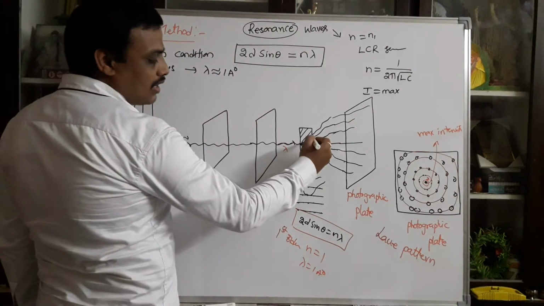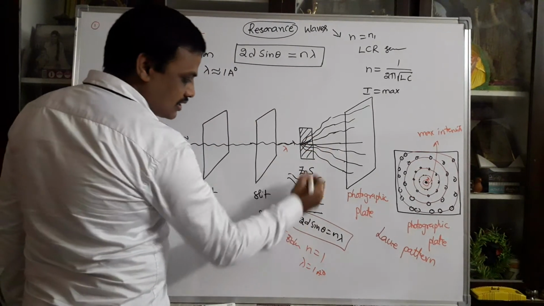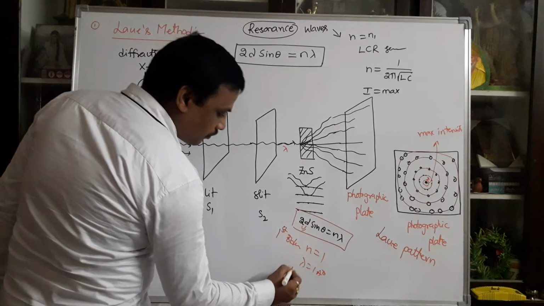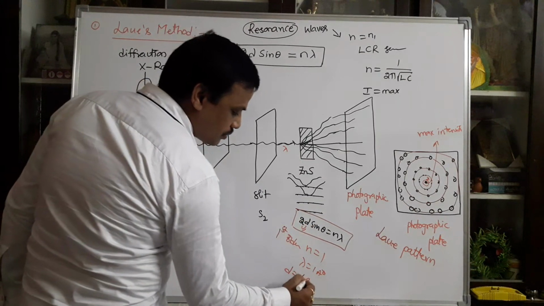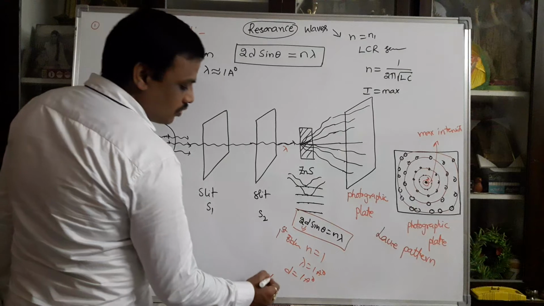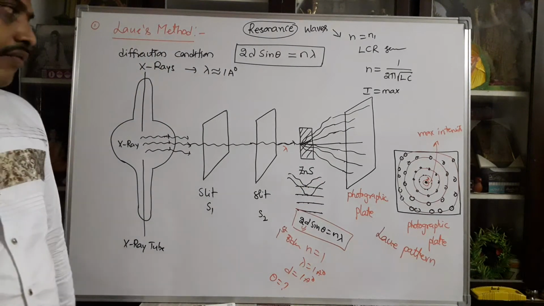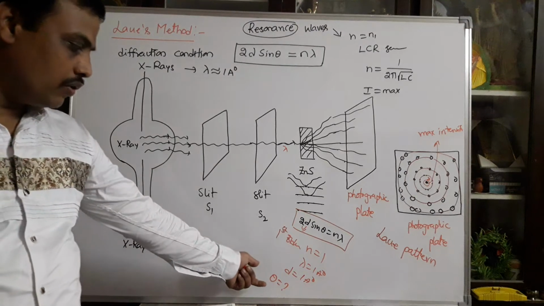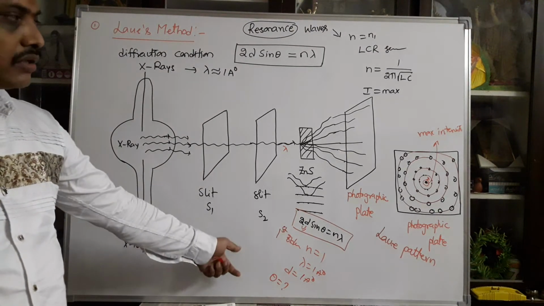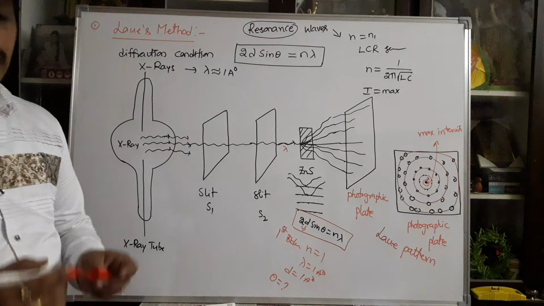At what angle does diffraction occur? Otherwise, if the interplanar distance is approximately 1 angstrom, you can calculate the glancing angle on the crystal. Once you know the theta value, based on theta you can determine the structure of the crystal.